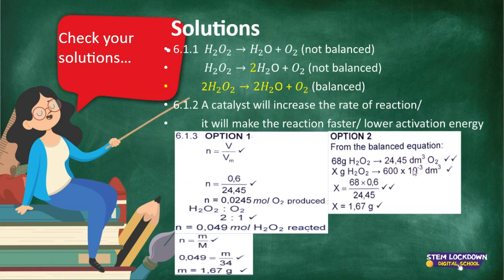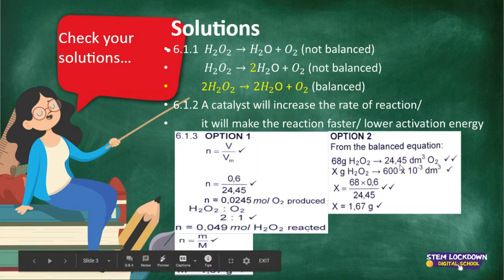So how many grams will give you this? Then you cross multiply, and we end up having x equals 68 times 0.6 divided by 24.45. Then you'll get the same answer.